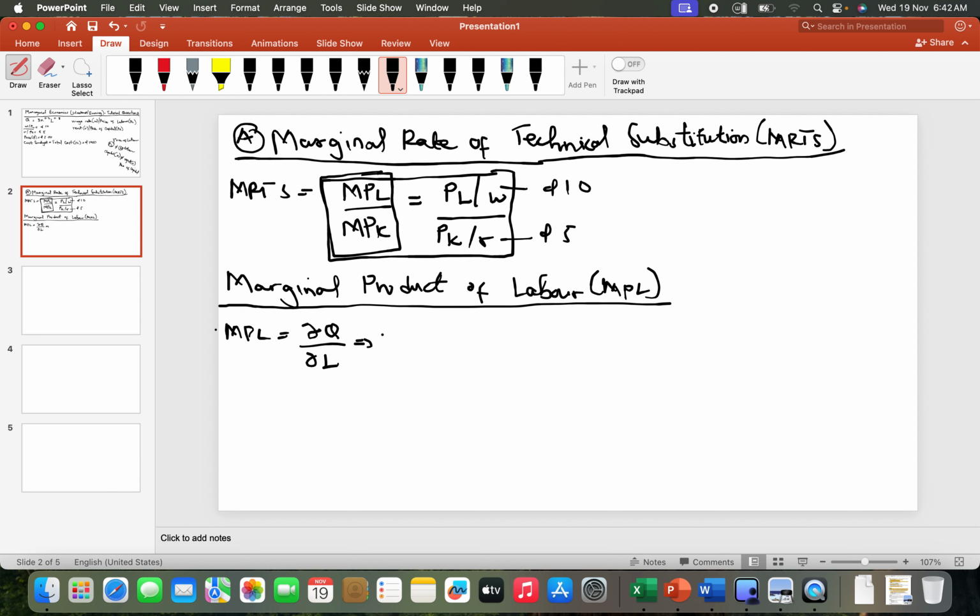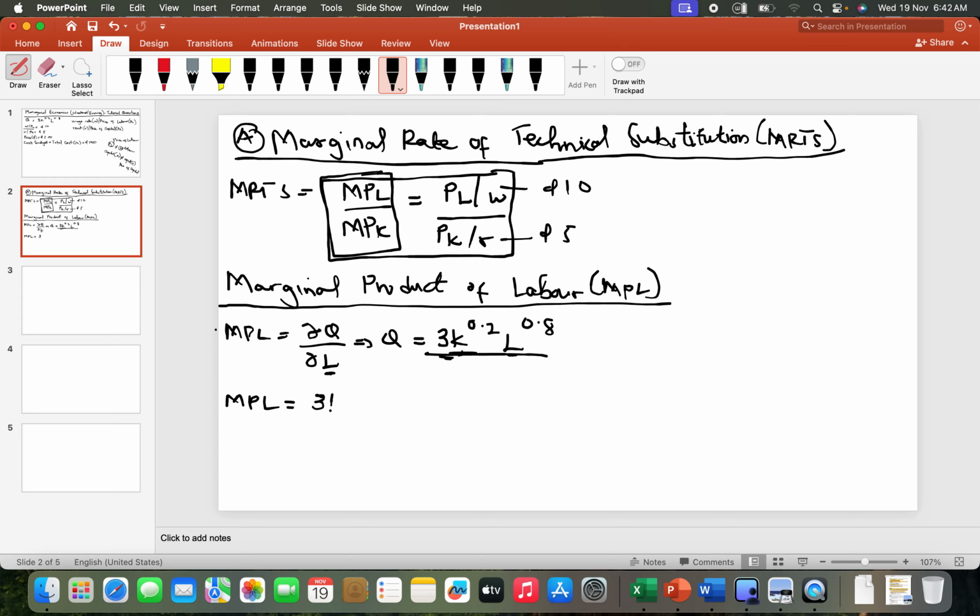It means that once I pick the output function, Q = 3K^0.2 L^0.8, I'm going to find the derivative of this function with respect to labor. So we are just going to focus on the labor side, not capital.